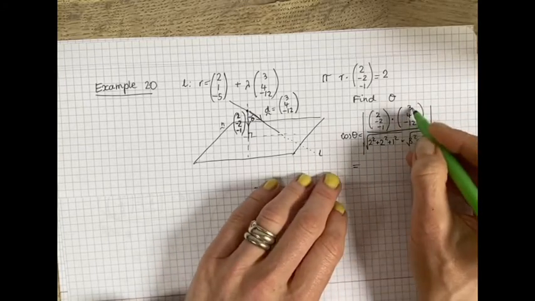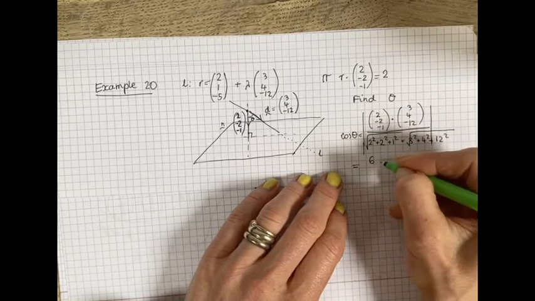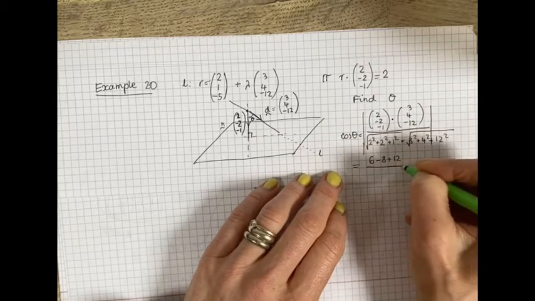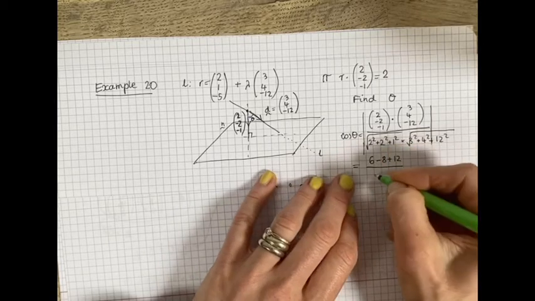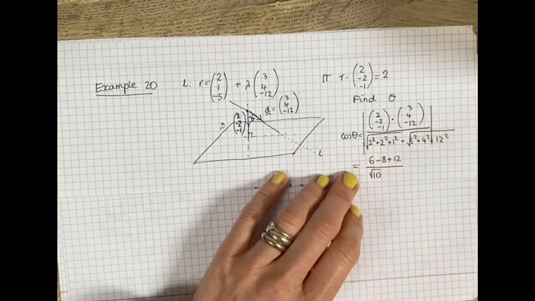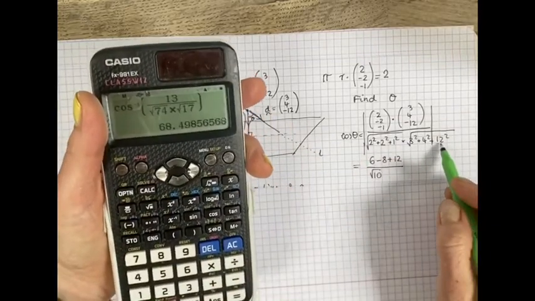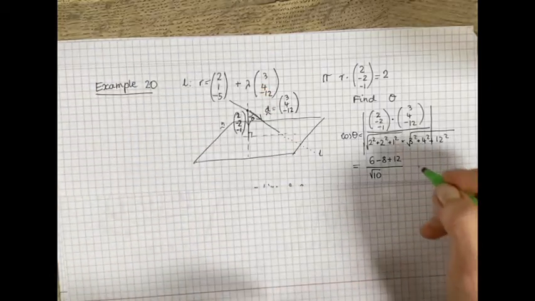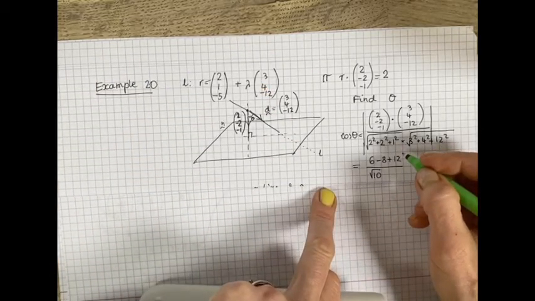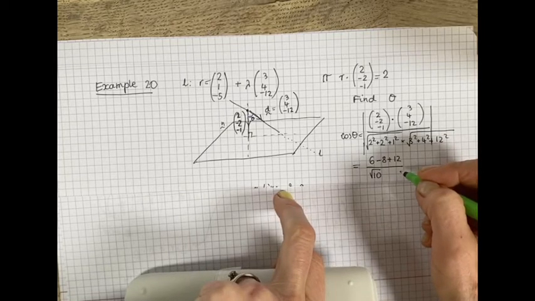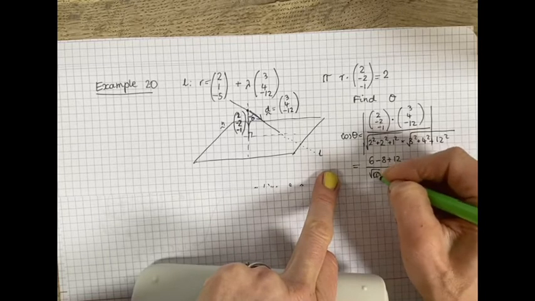So 2 times 3 is 6, minus 8 and plus 12, over square root of 9. And this one is going to be 144 add 16 add 9, which is 169.